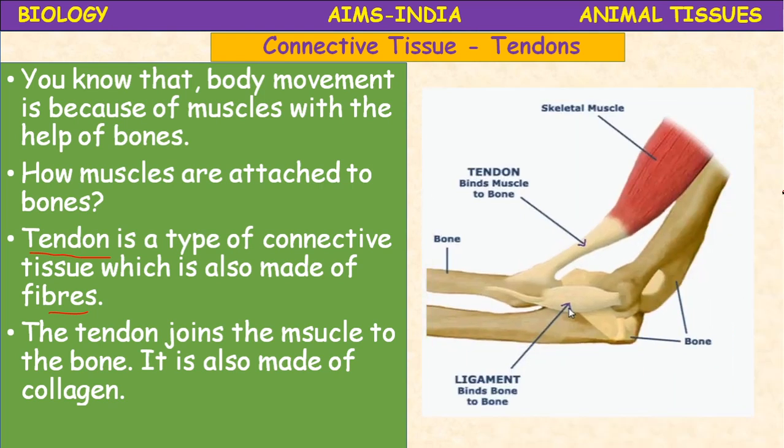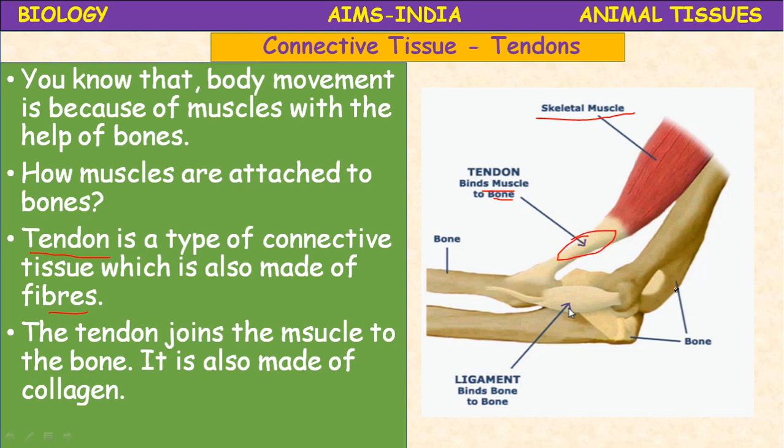You can see this is a skeleton muscle. Skeleton muscles means the major muscles in the body, so hands and legs, limbs. So the tendon binds the muscle to the bone. So this is the bone connected to muscle with the help of tendon. This is the bone, this is the muscle, and this is the tendon.